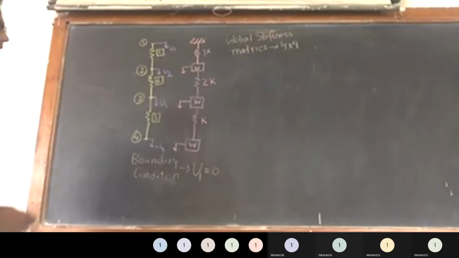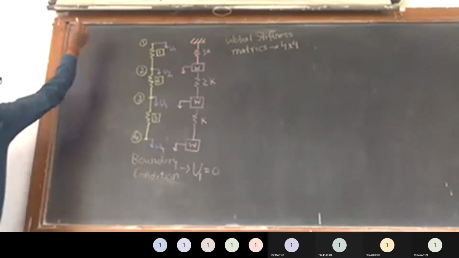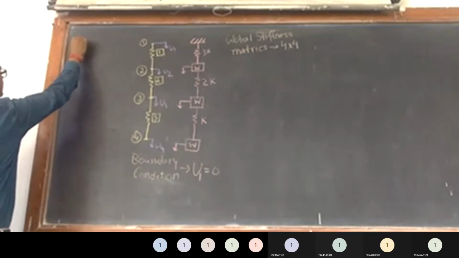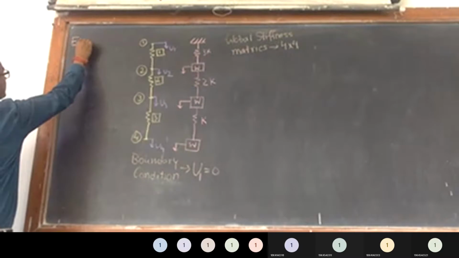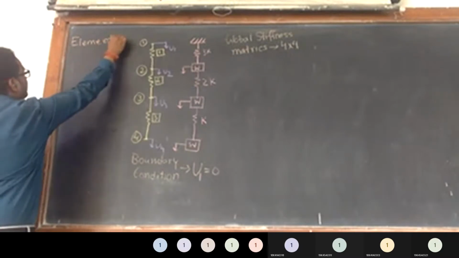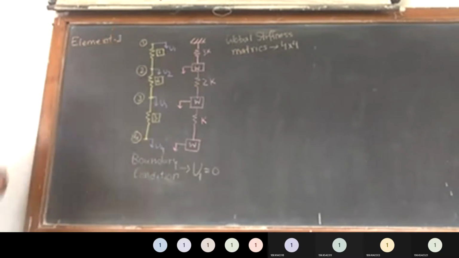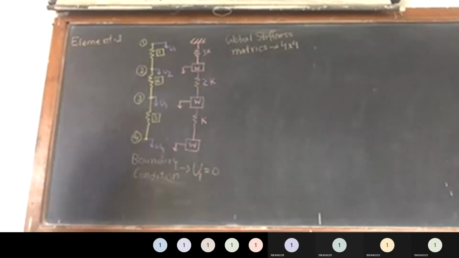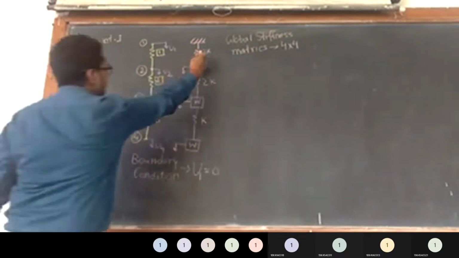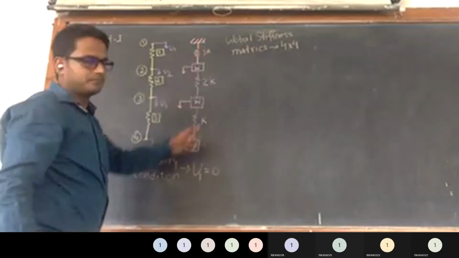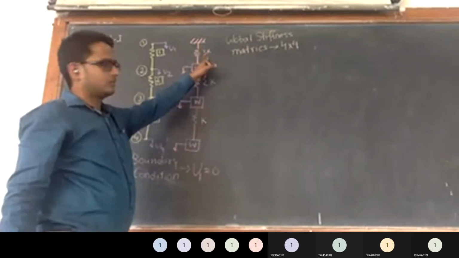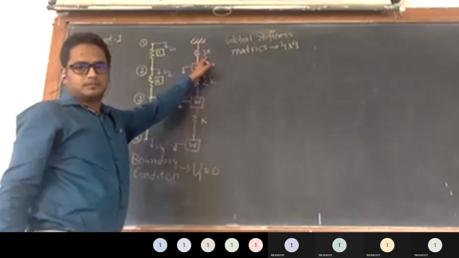So what we will do, we will write the individual stiffness matrices. First, we will write for element number 1. Element number 1 stiffness matrix will be, what is the value of stiffness here? Are you able to see this?